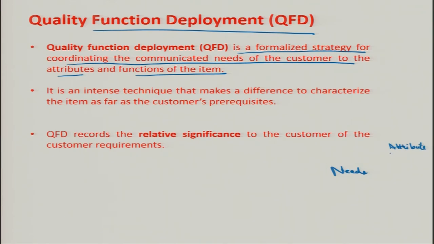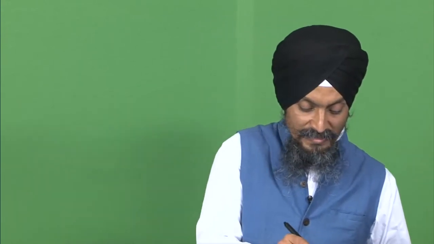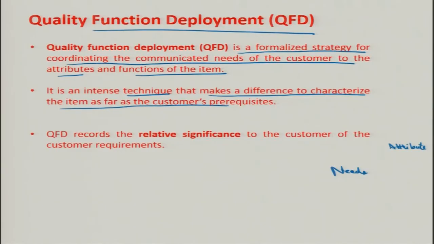This is similar to what we have seen in decision matrices in value engineering analysis. It is an intense technique that helps define the item in terms of the customer's prerequisites. QFD records the relative significance to the customer of the customer requirements.